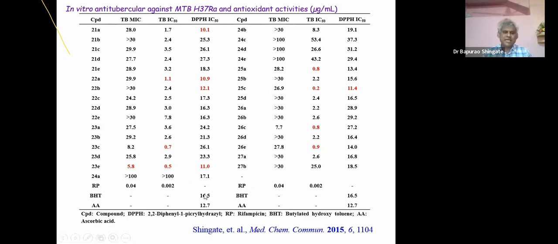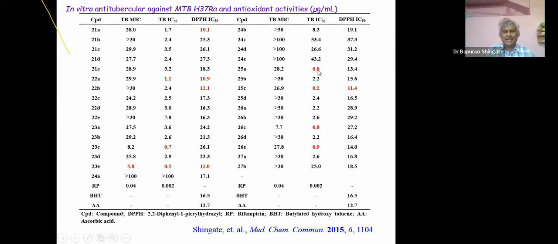And see, some of the synthesized compounds like 22A show lower values against the TB strain, that is MTB H37Ra. Compounds like 23C and 23E show 0.5 microgram per ml and 0.7 microgram per ml, as well as compound 26E, with values of 0.9, 0.8, 0.2 and 0.8 microgram.